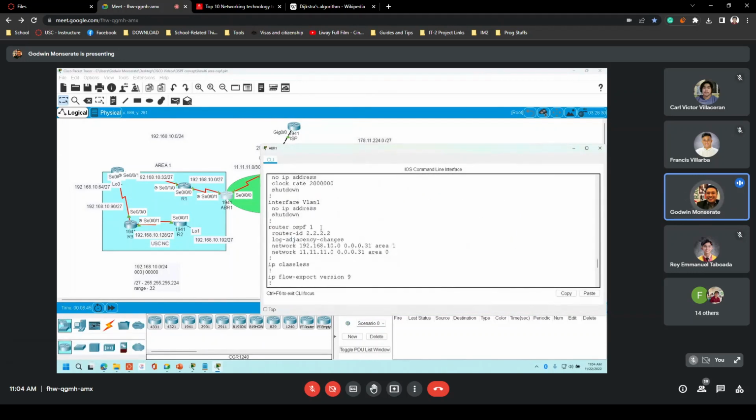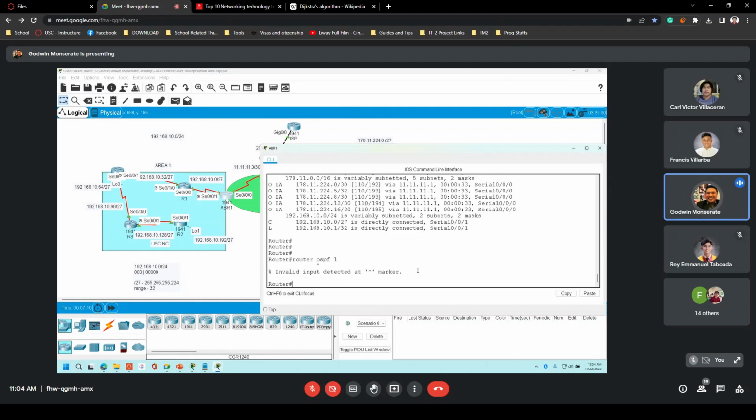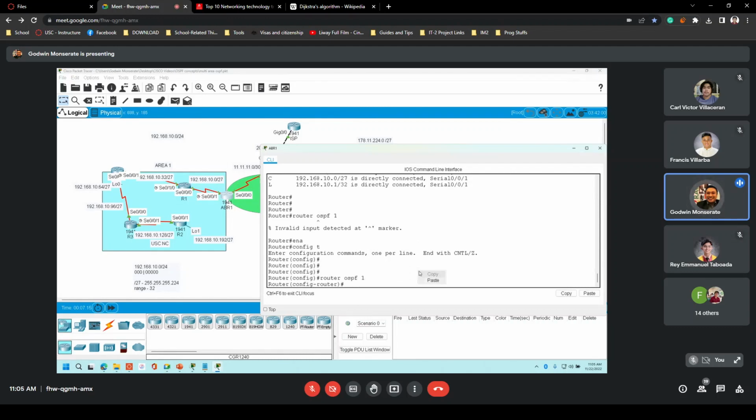So in your OSPF, this router has two areas: the area connected to 192, and the area connected to 11. Do we understand? Let's fix this. Copy. The 3.1 was entered here, common sense, /30 is not 3.1. Router OSPF 1. Enable, config T, router OSPF 1, right click, paste.